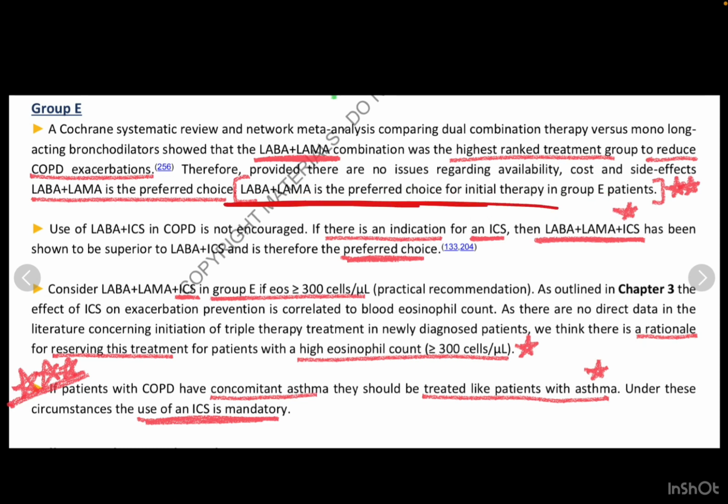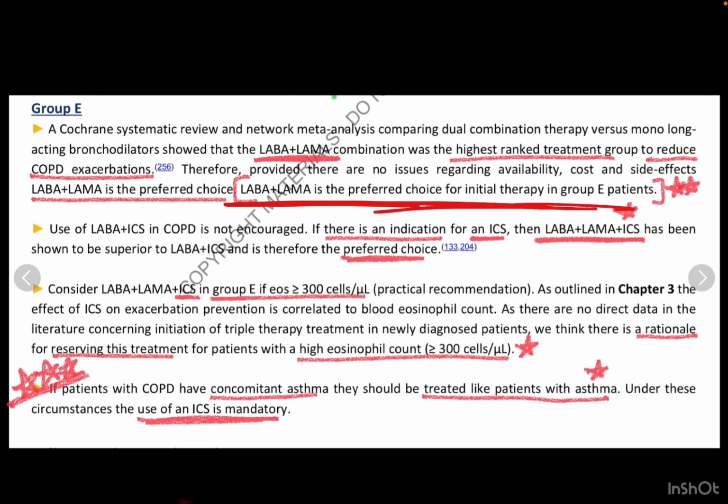Very, very important: in both group E and group B, LABA and LAMA combination is the initial choice of therapy. Use of LABA plus ICS in COPD is not encouraged. Usually we do not give inhaled corticosteroids in COPD patients. If there is an indication of ICS, then we give LABA plus LAMA plus ICS rather than LABA plus ICS. So we should give the triple combination rather than these two.